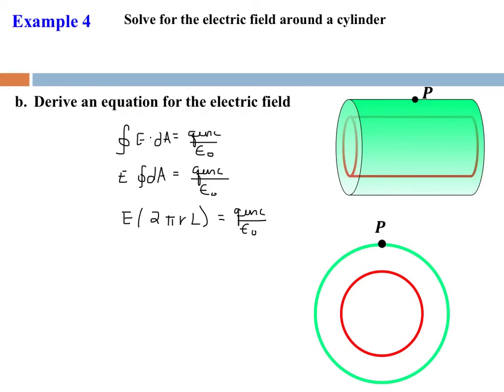So to solve for the electric field, again, we saw from the beginning that in this case, we're going to think of a cylinder as a long, thin wire. So our linear charge distribution here is Q over L, the charge distributed over the entire length. So wherever we see Q over L, we can replace it with lambda.